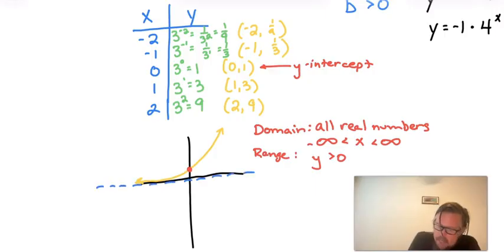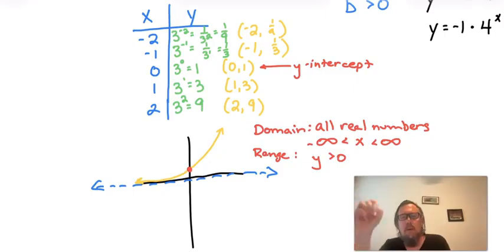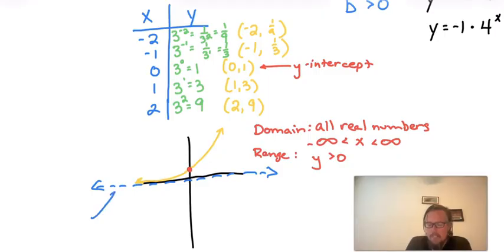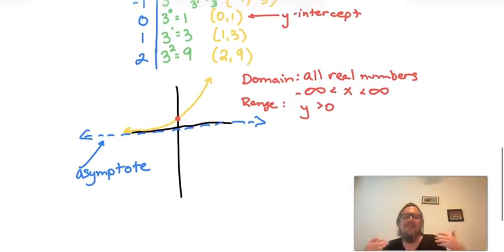An invisible line that is keeping that function from dropping lower than that. It's almost like a barrier right there that the function cannot go below. And that barrier has a special name. It is called an asymptote. Isn't that a funny name? It's called an asymptote. And the asymptote is that invisible barrier that the line cannot go below.